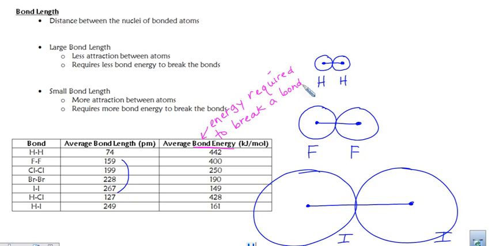Now, one of the most important things here is that energy is required to break a bond. These atoms want to be bonded. That's how they get their full octets and become very stable. If you want to break a bond, then you must add energy.